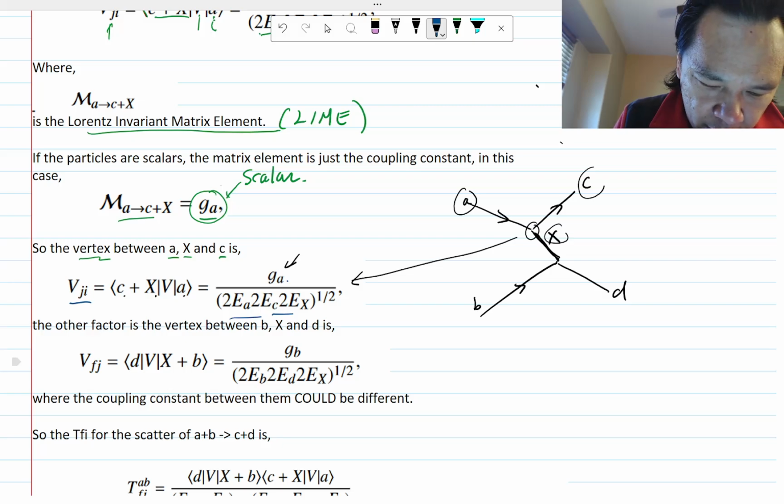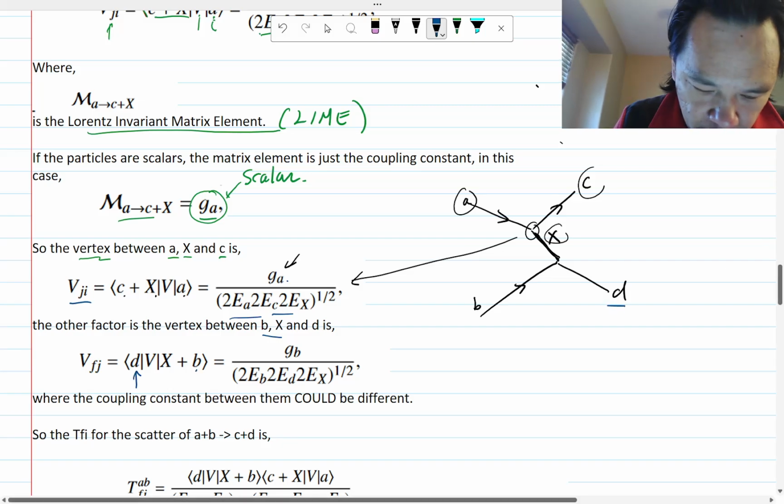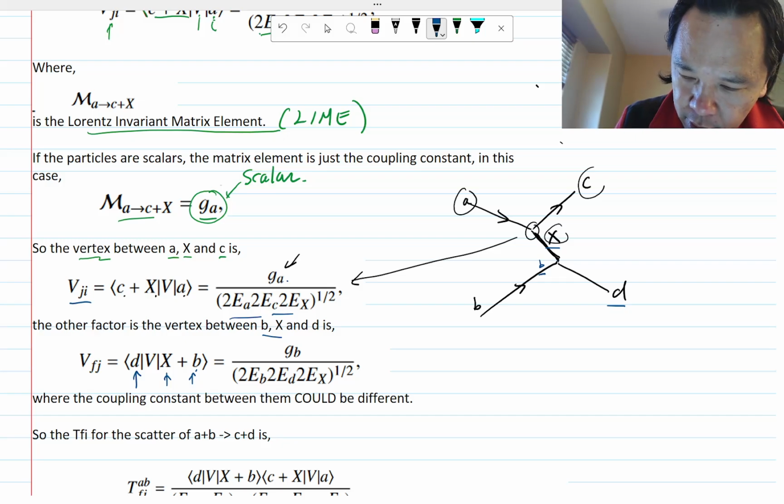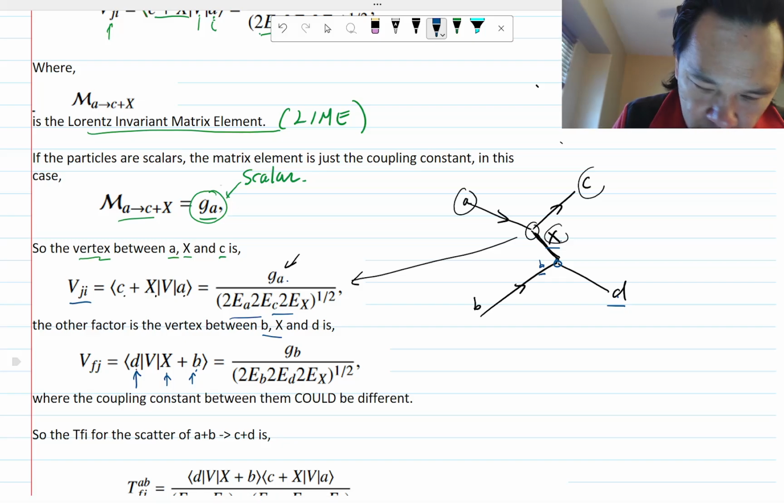The other factor is where we have particle D, which is the final state here, and then the intermediate particle X. The particle B also exists here. So at this point there are three particles involved: B, D, and X. So it's basically X combining with B to make particle D. And that has some interaction potential.